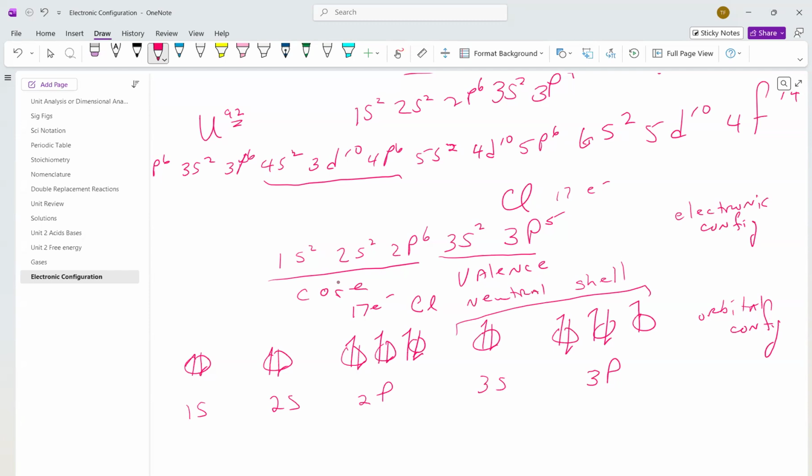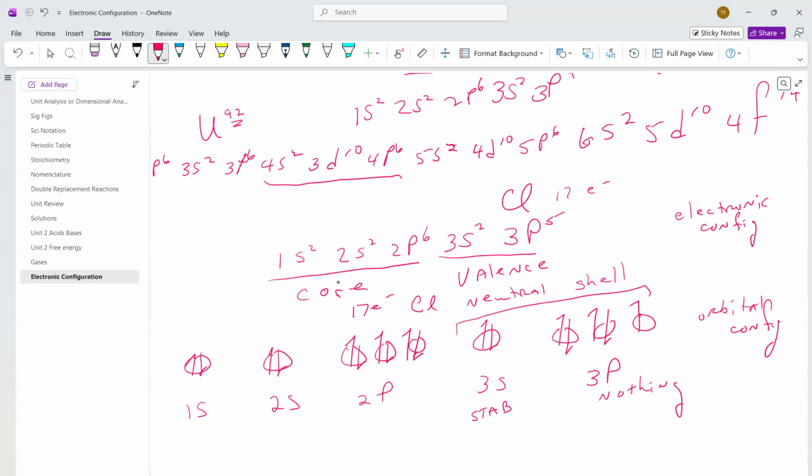First of all, how many subshells do we have? 2. So we have to check them individually. Okay, and the s's, are the s's full? Yeah, it holds 2 and it's got 2. P's hold how many? 6, and we only have 5 in there. So this is good. This is nothing.